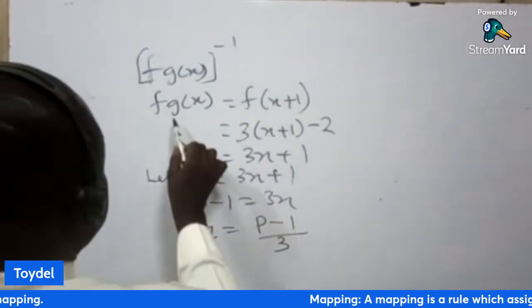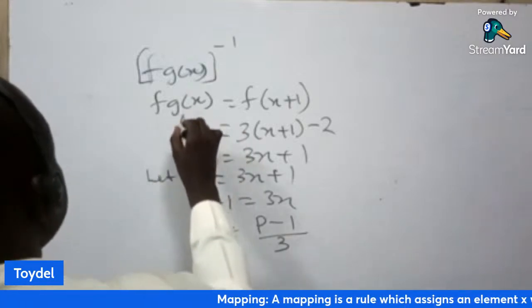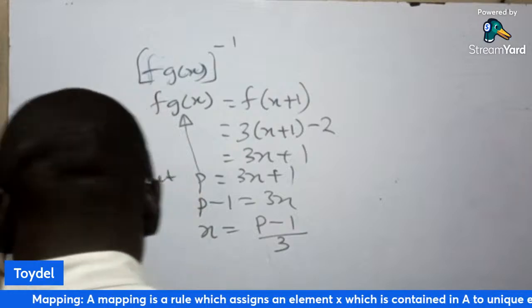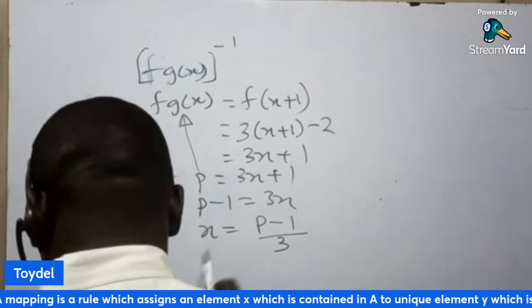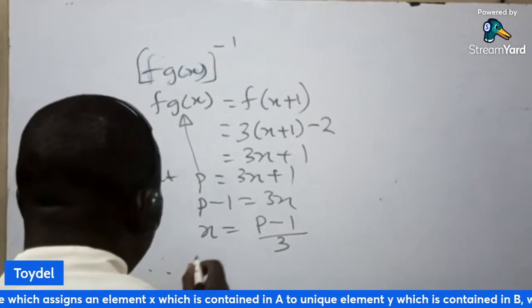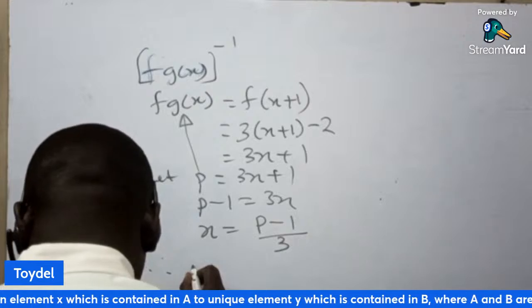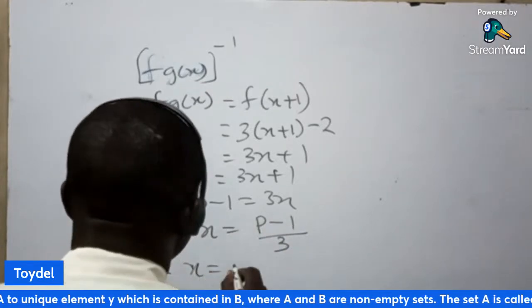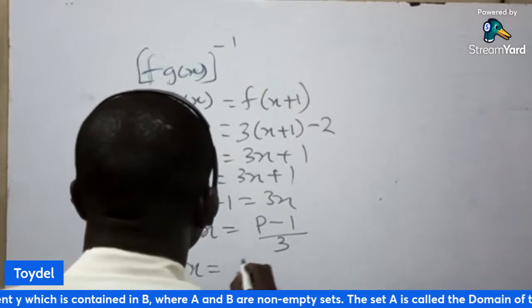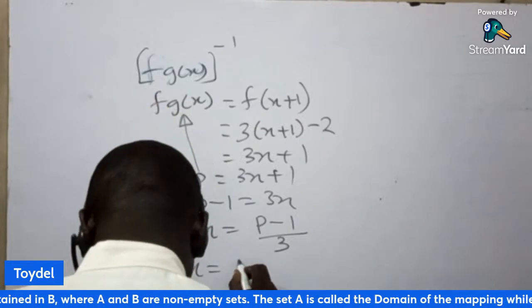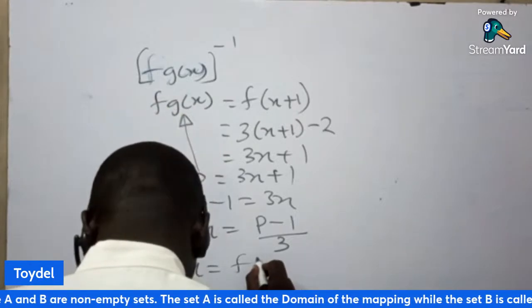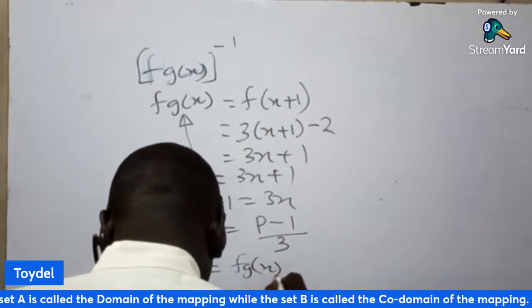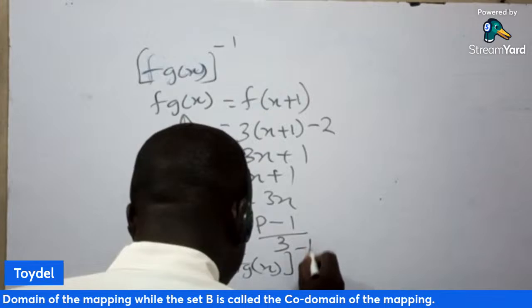Then what is P? P is the same thing as f of g of x. So in this case now, x will be the inverse. So I will now say, therefore, I can try to represent this x, which is the inverse of x, as f of g of x inverse.